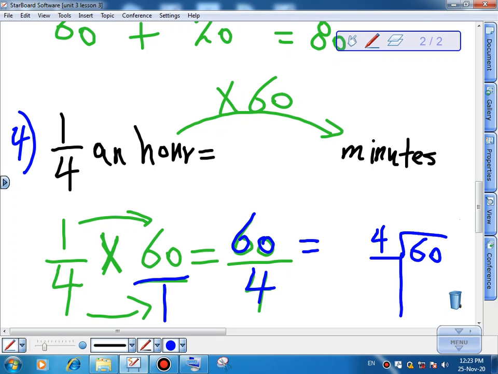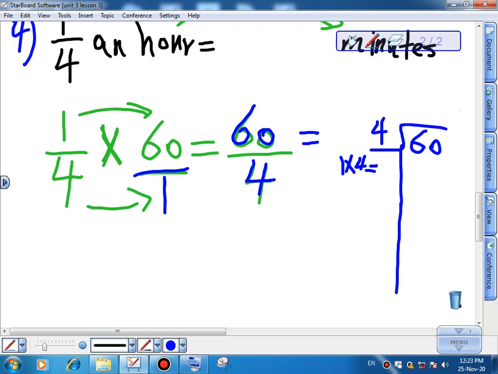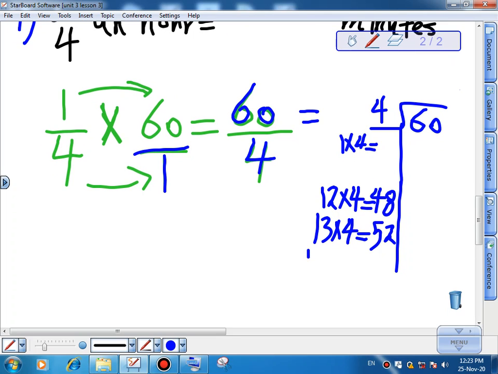Look at the timetable of number 4. 1 times 4, up to 14 times 4 is 56, and after that 15 times 4 will be 60.